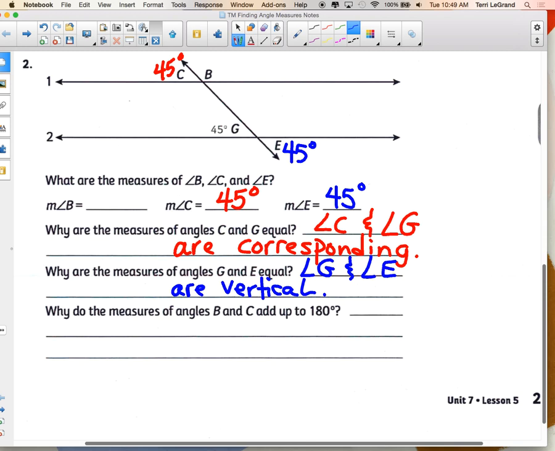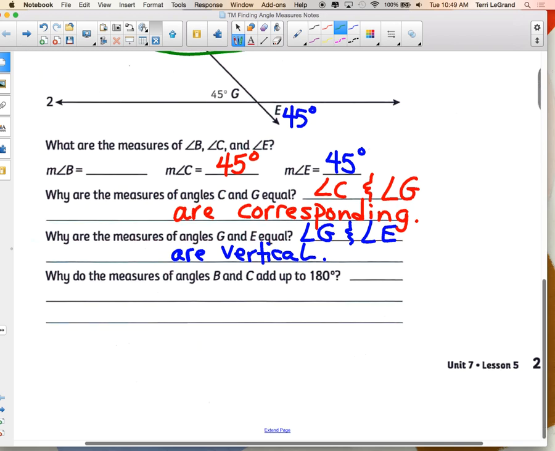Oh, do you guys agree? Katie says that angles B and C right here are supplementary angles. So they have to add up to what? Yeah, they have to add up to 180 degrees, so I'm just going to do it all down here. Angle B and angle C are supplementary. They form a straight angle, therefore they have to add to 180, making them supplementary.